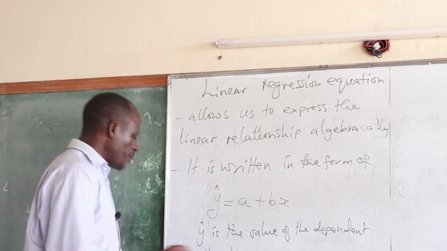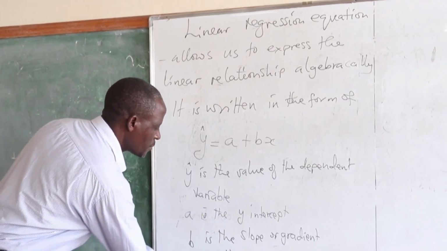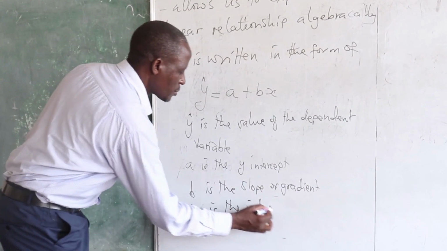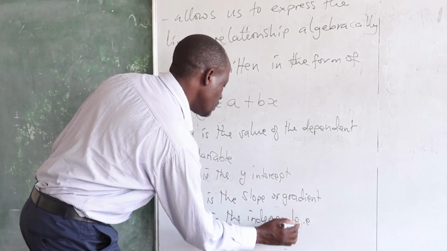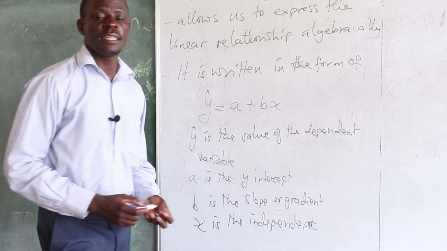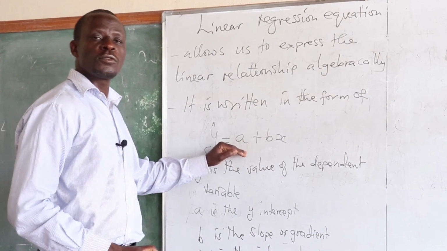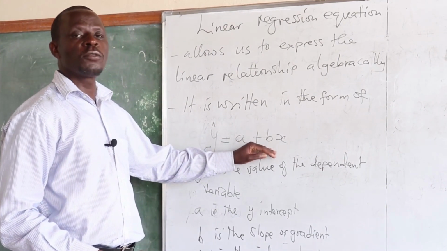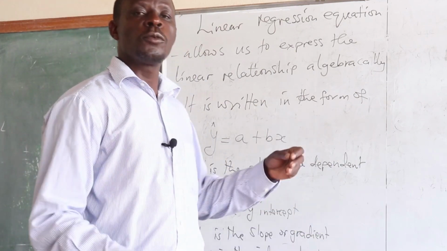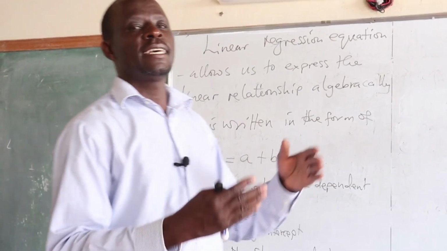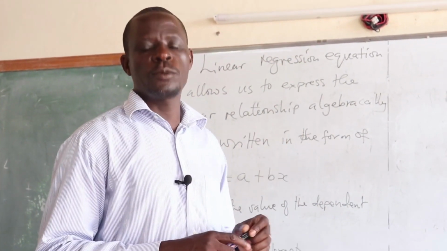x is the independent variable, and we need to consider that. So our duty, as I said already, is to find the values of a and b such that when we fit them in this equation, they bring the sum of the squares, the deviations from the points to the line, to a minimum as much as possible.